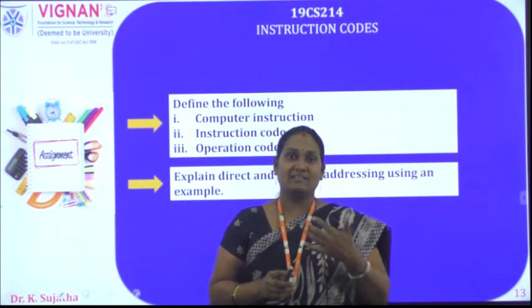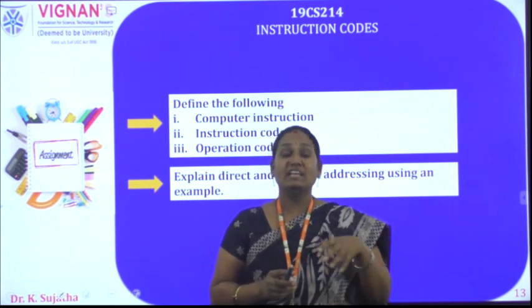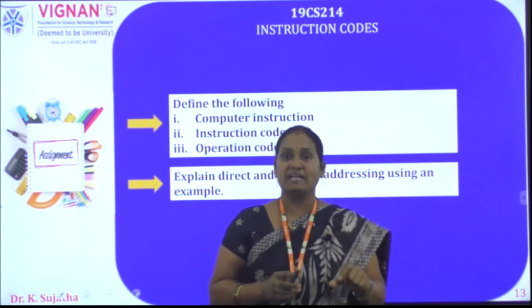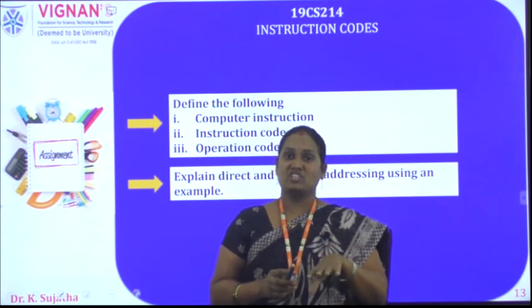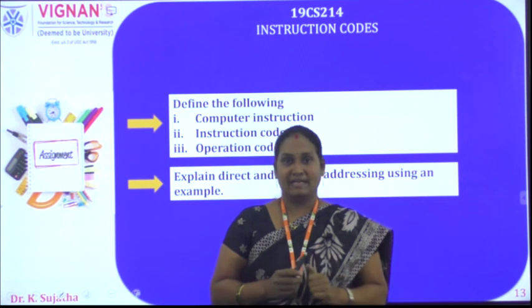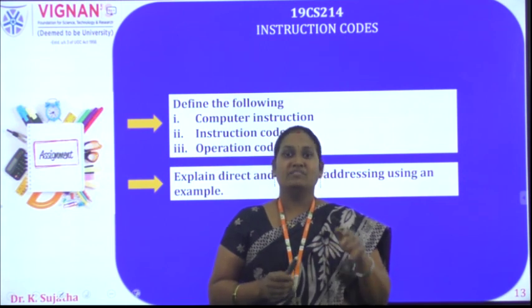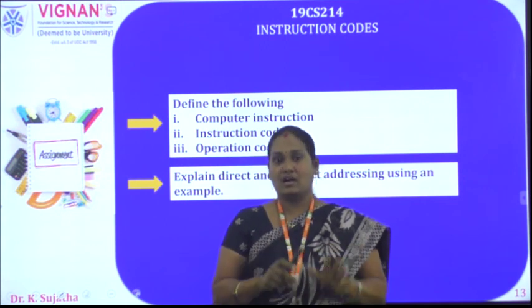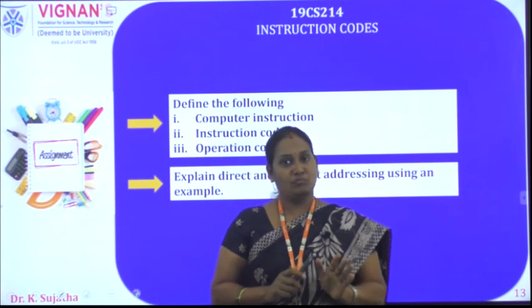If we are representing the address in indirect mode, we need a specific bit that differentiates direct addressing and indirect addressing. For that, we are using 3 bits for the opcode and 1 bit for the mode.